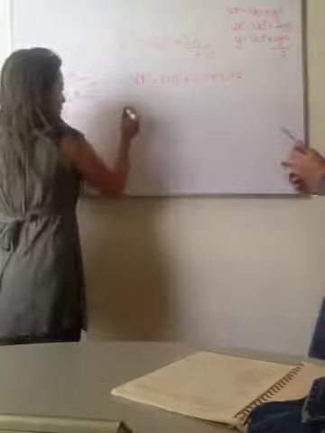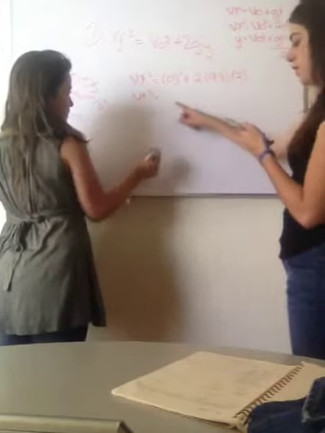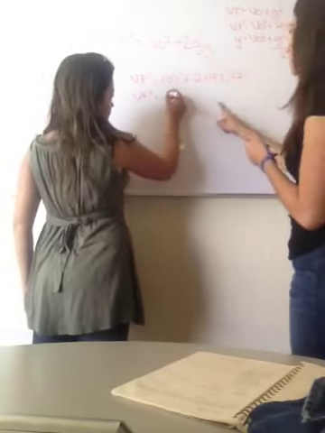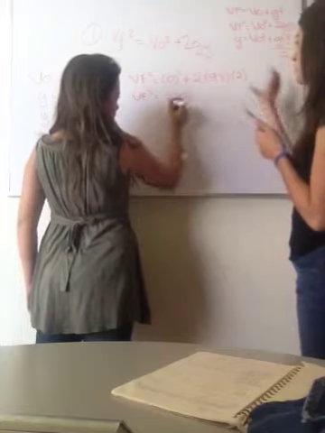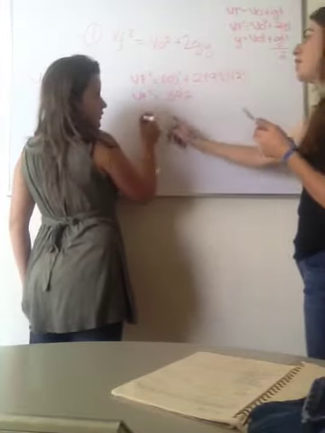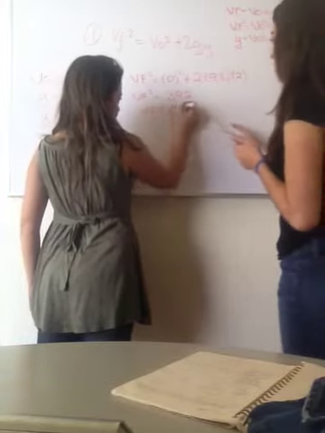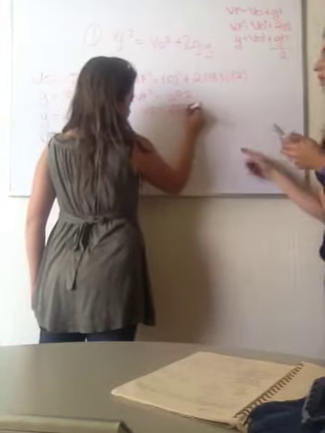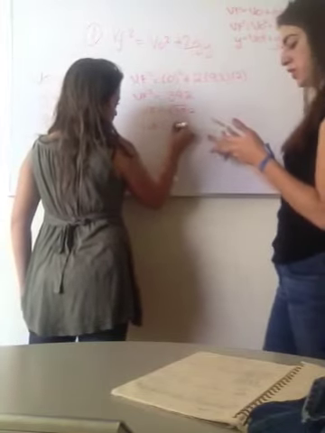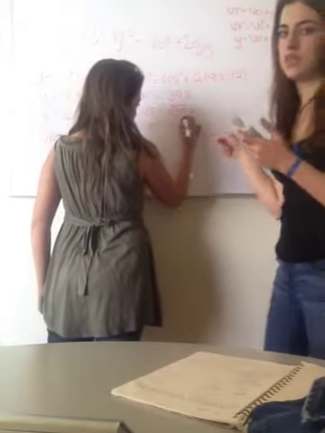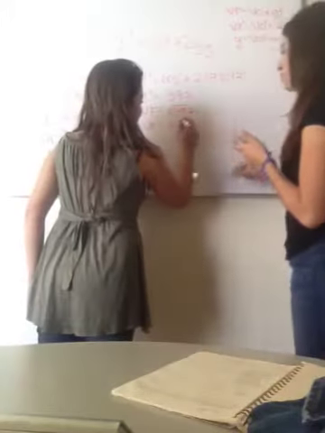It turns out to be 39.2, because the zero term cancels. Then the final velocity is the square root of 39.2. Finally, the final velocity is 6.26 meters per second.